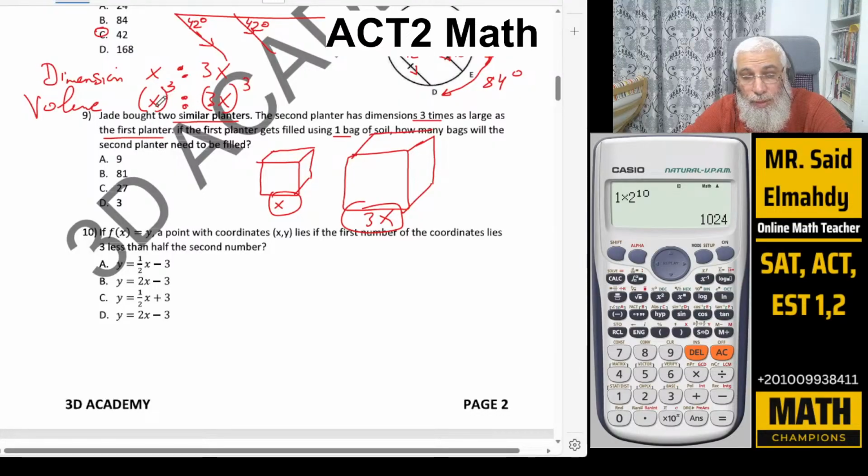So this will be x cubed, and this will be 3 cubed x cubed, which is 27x cubed. So the ratio is 1 to 27, because we can divide by x cubed. It will be 1 to 27, or 27 to 1.